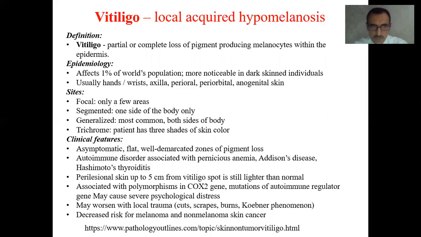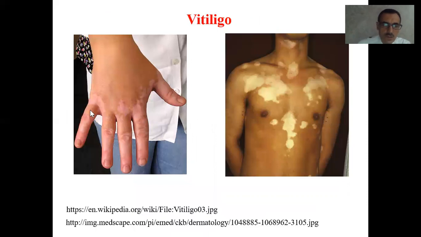Clinical features of vitiligo: may be asymptomatic, flat, well-demarcated zones of pigment loss, autoimmune disorders associated with pernicious anemia, Addison disease, Hashimoto's thyroiditis, perilesional skin up to 5 cm from the vitiligo spot is still lighter than normal, associated with polymorphism in COX2 gene, mutations of the autoimmune regulator gene, may cause severe psychological distress, may worsen with local trauma, and vitiligo.